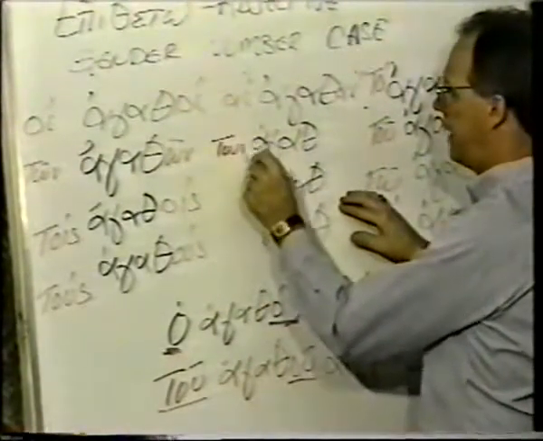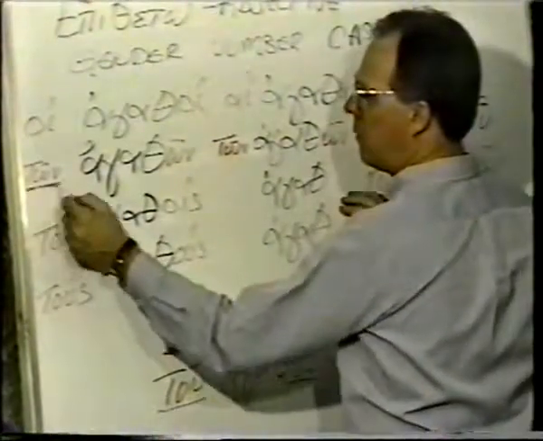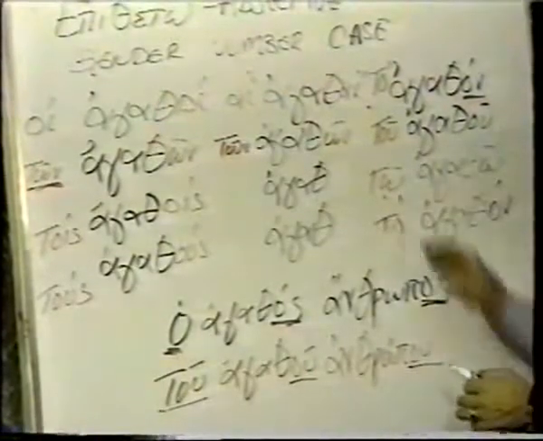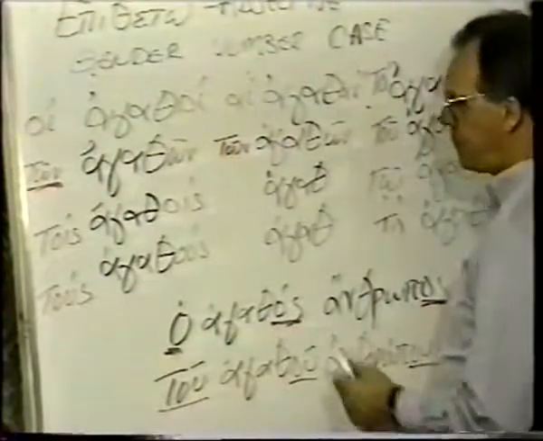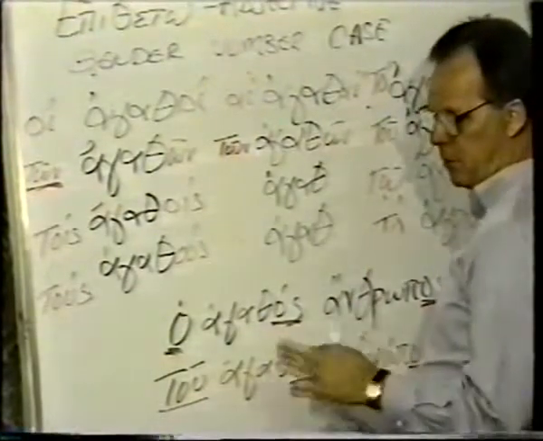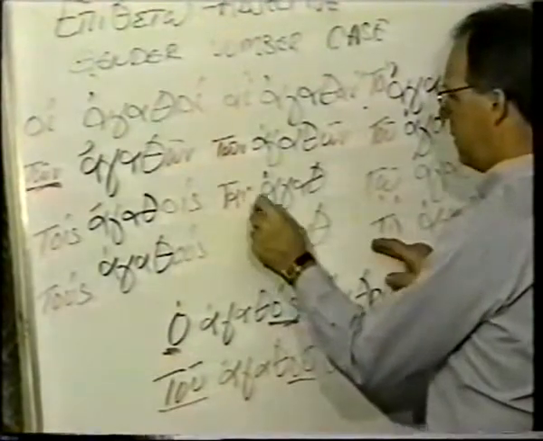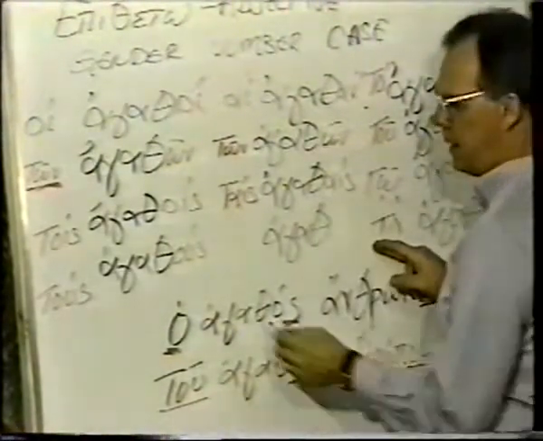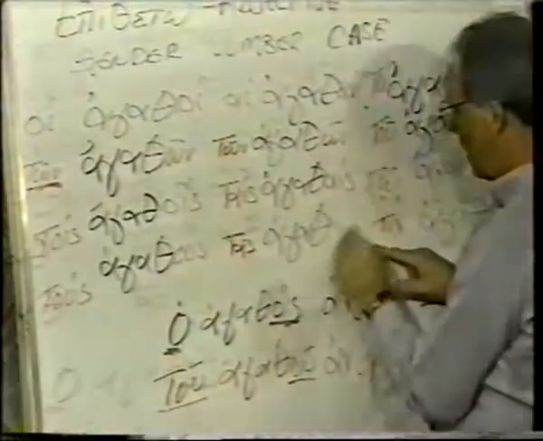As a matter of fact, it takes on the same form as the masculine, and so will the neuter in this genitive plural case. Now we come to the next one, and it is tes agathes. And then it comes to the tas agathas.